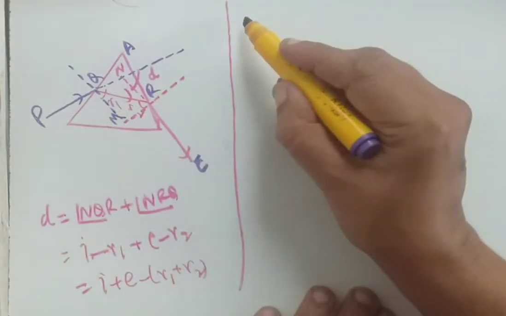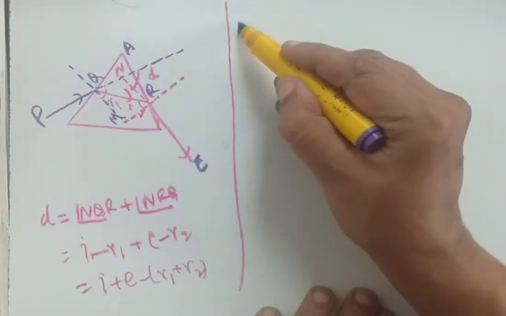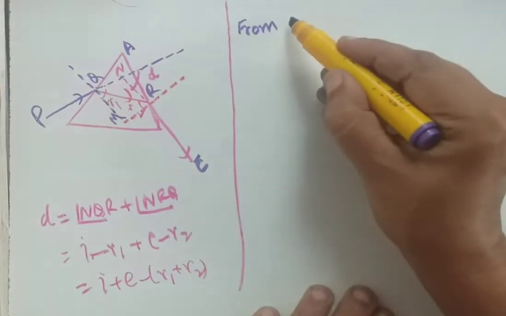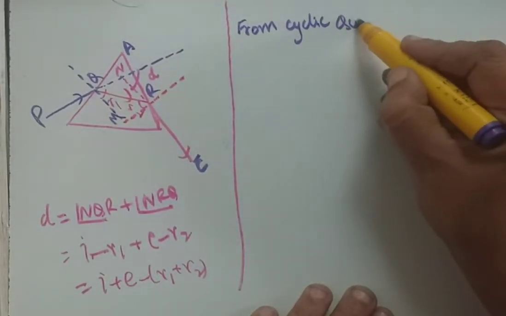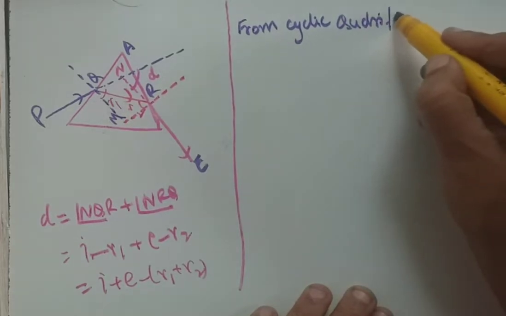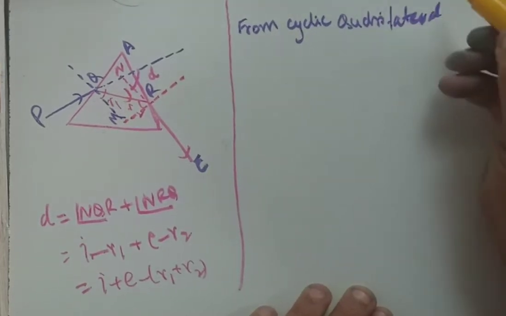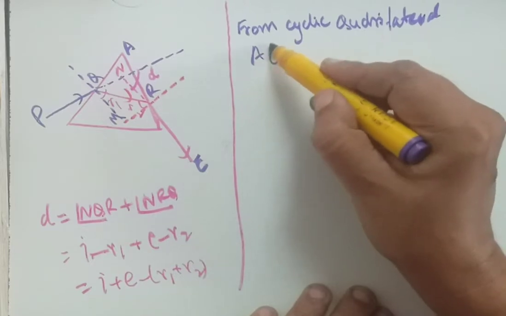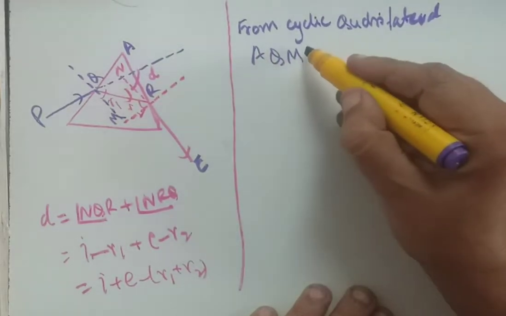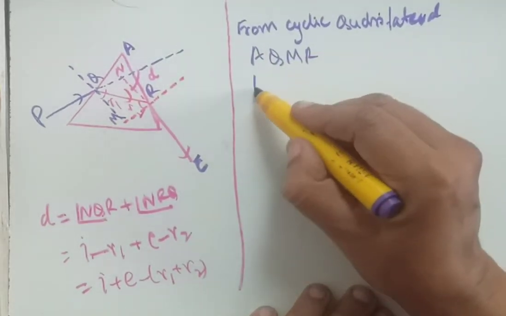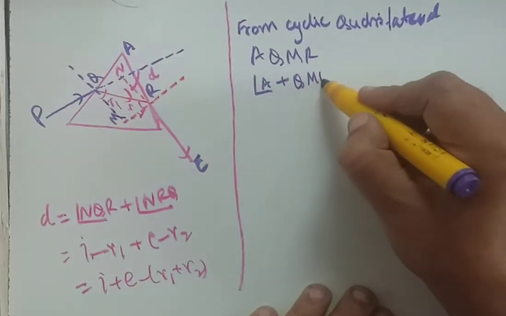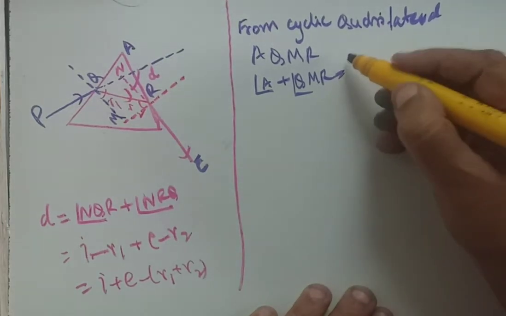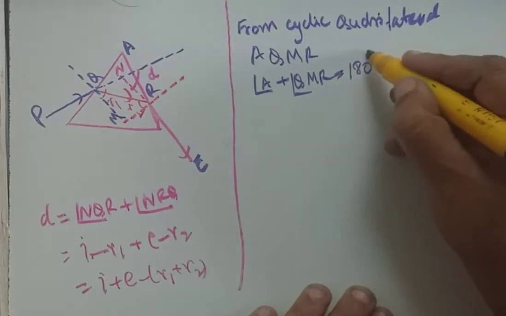Say, I take a cyclic quadrilateral AQMR. Angle A plus angle QMR must be equal to 180 degrees.